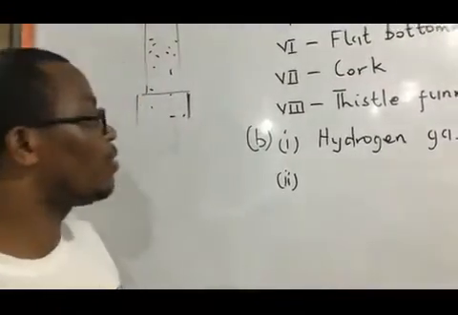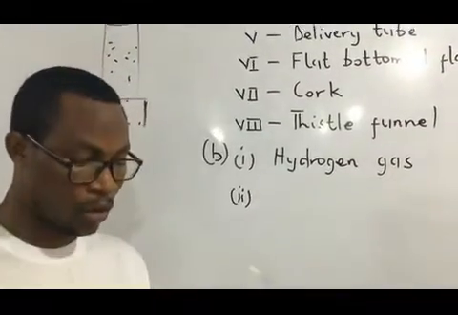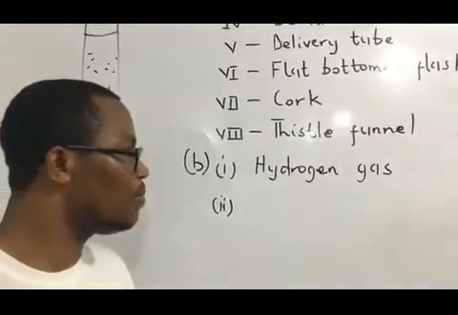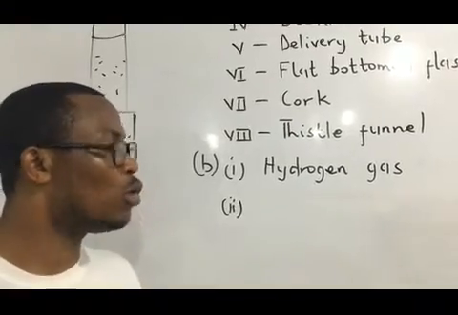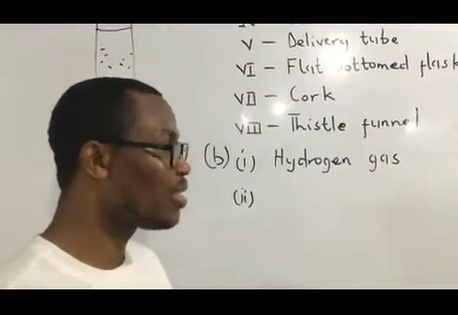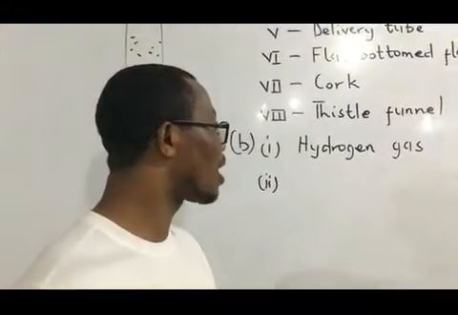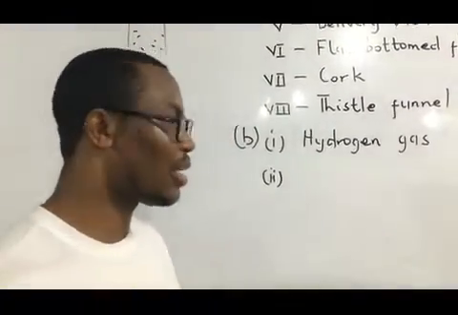I told you that when you're testing for hydrogen gas, you make use of a glowing splint. So you introduce the flame of a glowing splint into a test tube containing the gas. And then when you hear a pop sound, it shows that the gas is hydrogen gas.